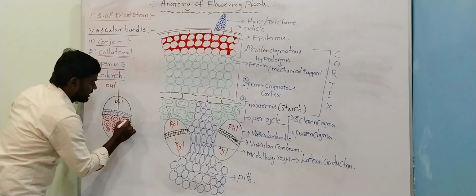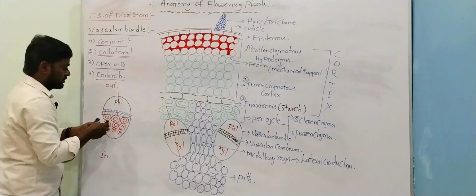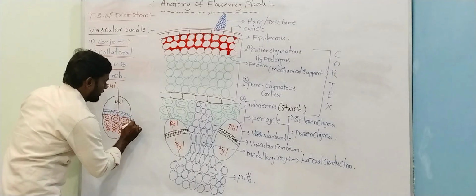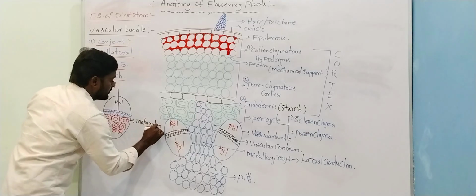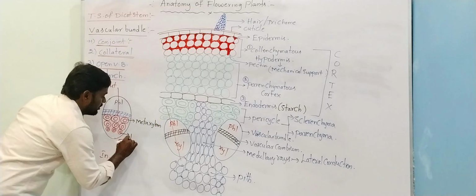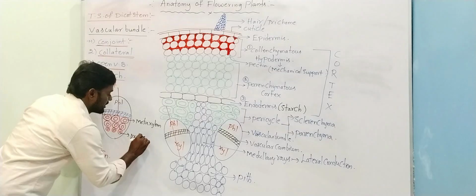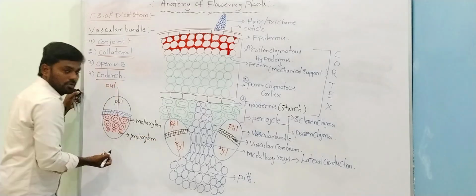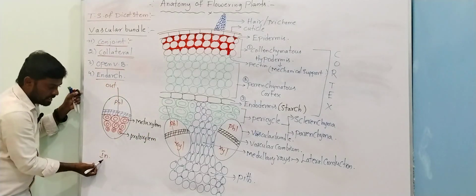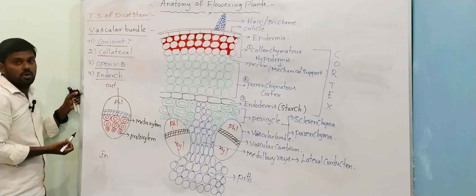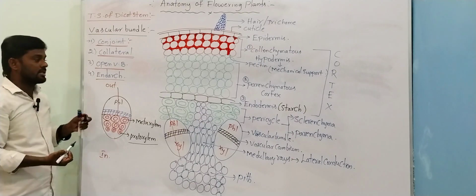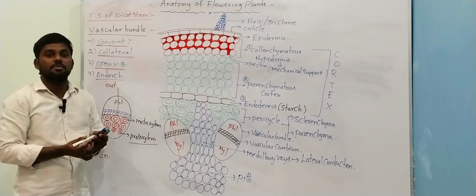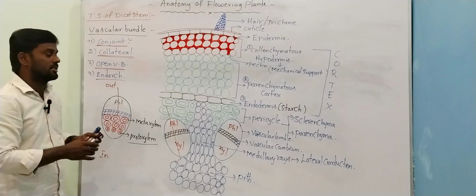These bigger structures are called metaxylem. This smaller structure is called protoxylem. So where is the location of the protoxylem? Protoxylem towards the inner side, metaxylem towards the outer side. Based on the position of the protoxylem, we can classify these into three types: exarch, endarch, mesarch.